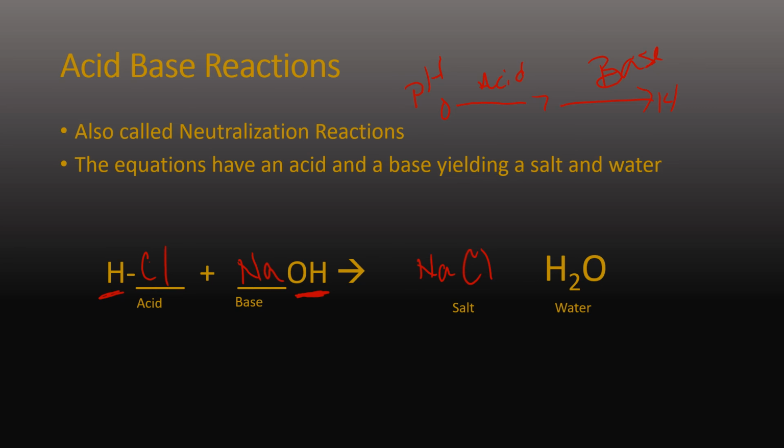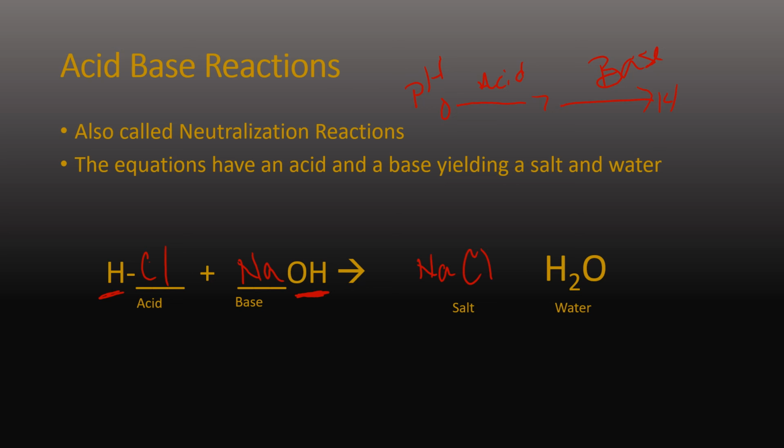But remember, a salt is usually any of those ionic bonds, a metal and a nonmetal. So your acid has a hydrogen on it. Your base has an OH on it. One gives electrons, one takes electrons. And then the H and the OH form the water. So that is the acid-base reaction.